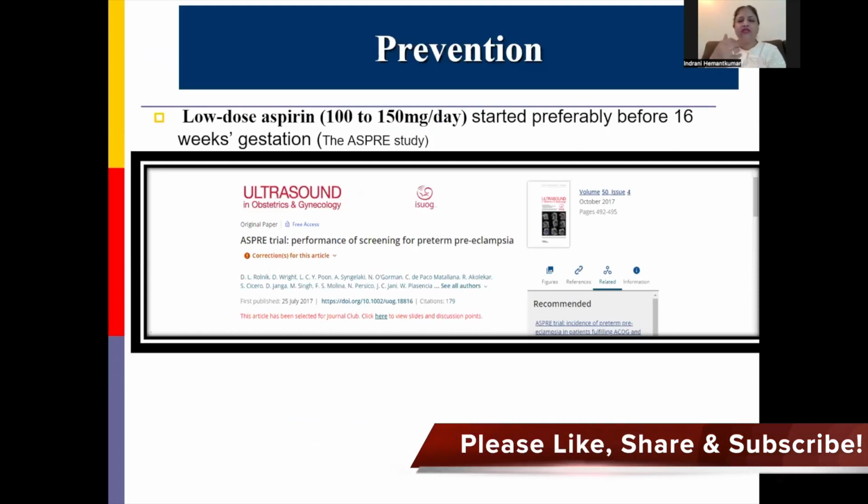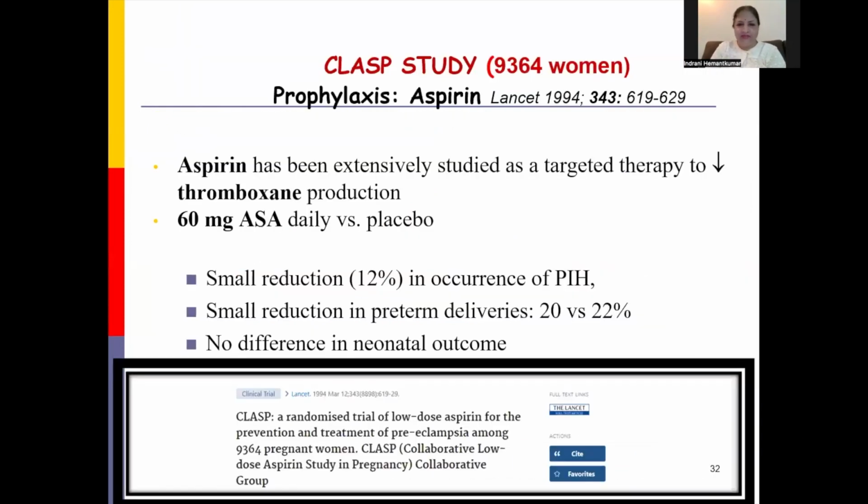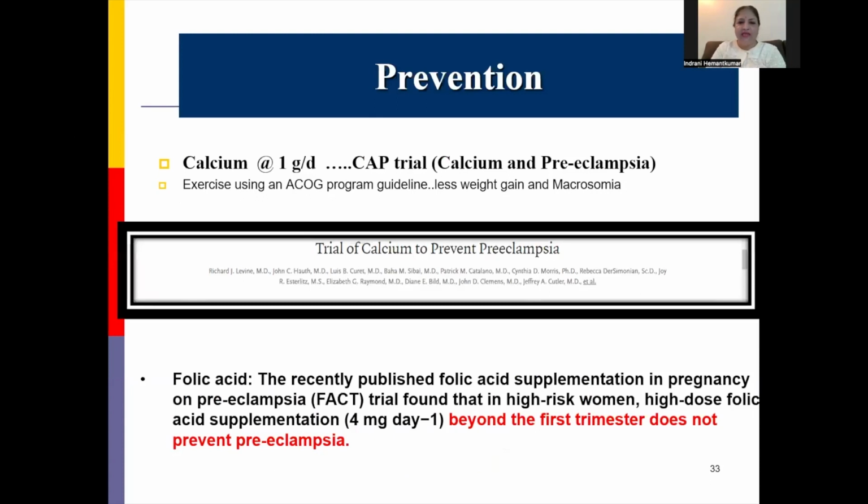So, coming to prevention, how can you prevent? There are some studies to say a low dose aspirin can prevent preeclampsia. Again, this was a large study done in a large population, wherein the aspirin, which is known to reduce the thromboxane production, caused a small reduction in the incidence of PIH.